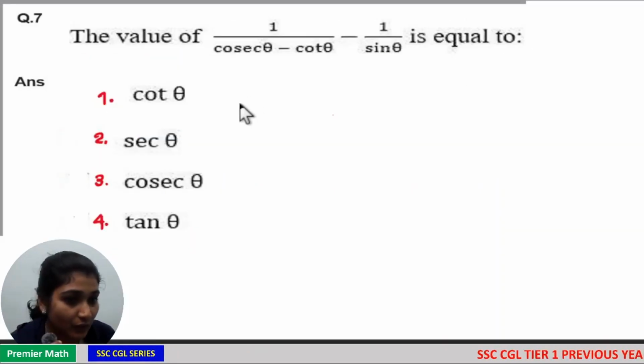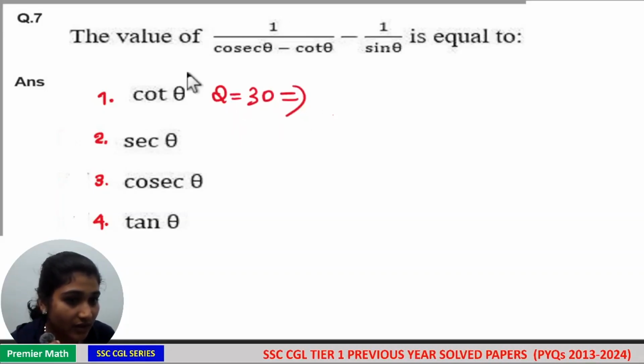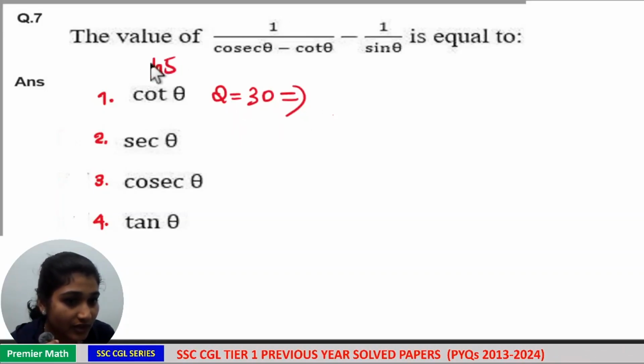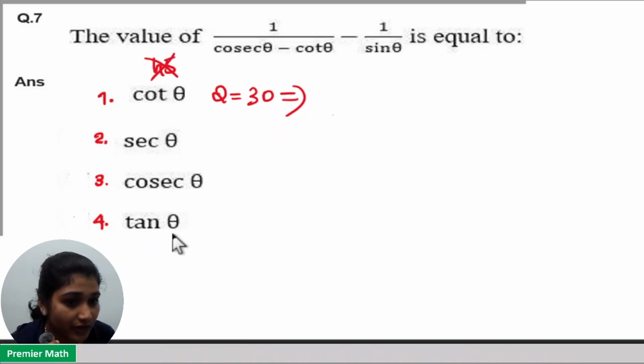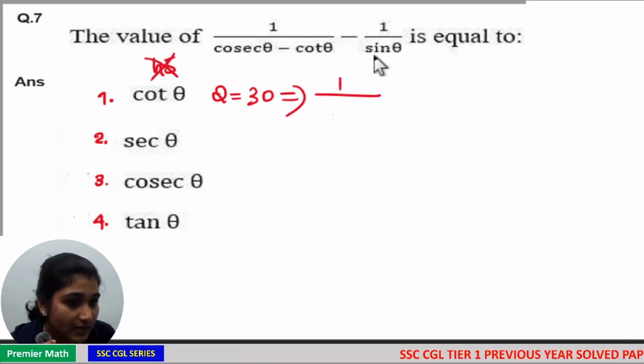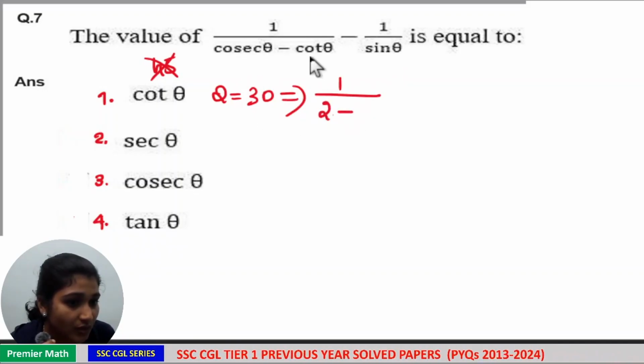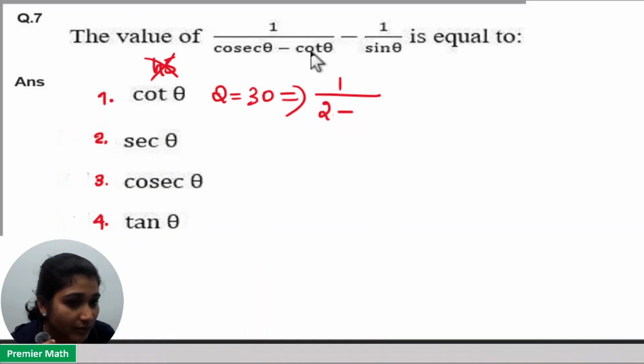Find the value of the following. Here put the value of theta as 30 degree and find the answer. Here putting 45 degree is not possible because cot 45 and tan 45 are equal. Now 1 by sin theta equal to cosec theta. So this will become 1 divided by sin 30, which is 1 by 2, then cosec 30 is equal to 2. And tan 30 is equal to 1 by root 3, then cot 30 is equal to root 3.